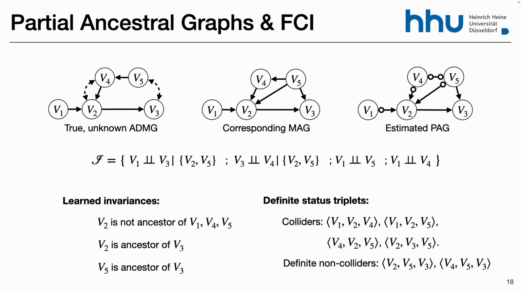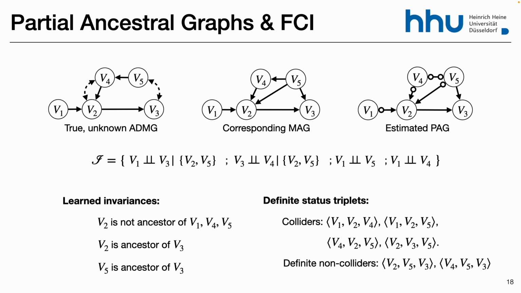It's the same for definite non-colliders. So V5 is a definite non-collider in the triplet V2, V5, and V3, and in the triplet V4, V5, and V3, because of the tail out of V5.